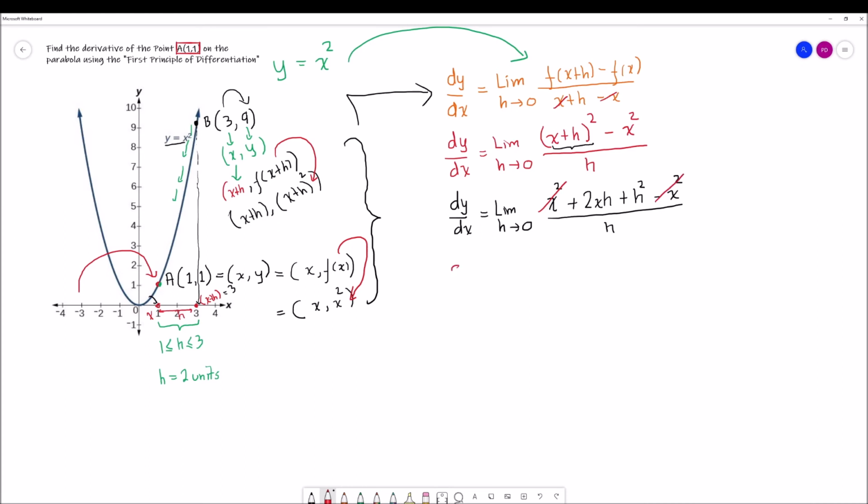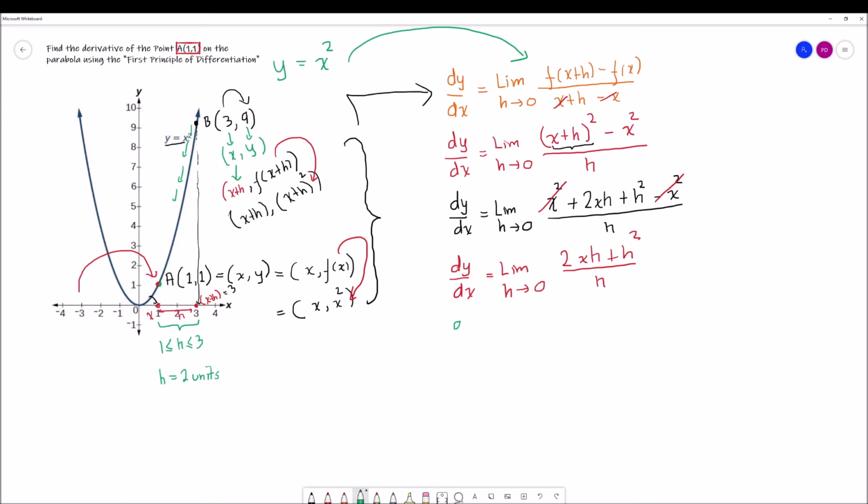So the next step will be derivative of y with respect to x is equal to limit h approaching 0, and we are left with 2xh plus h square divided by h. Perfect.